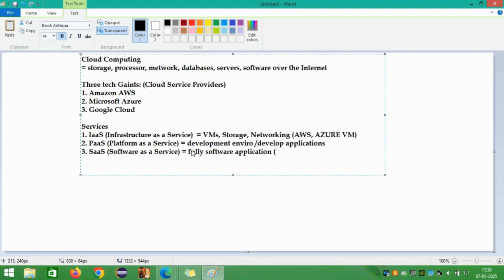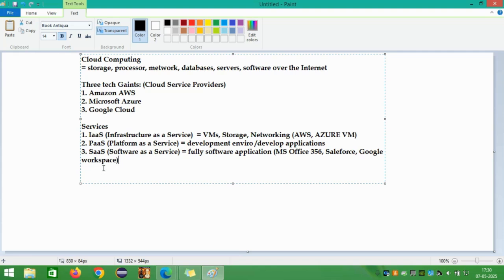I can point out some examples, which are MS Office 365, Salesforce, and Google Workspace.